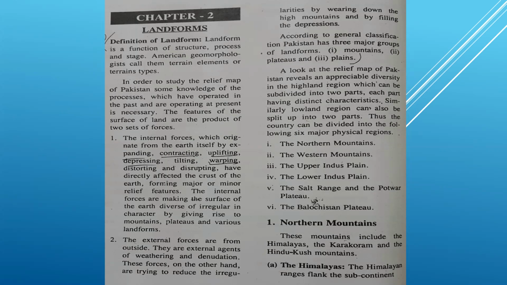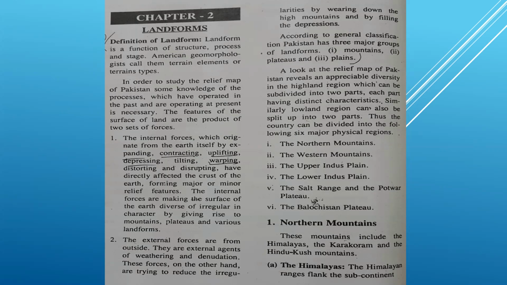For example, a watering hole is a natural depression where water collects and animals come to drink. That is the depressing of the earth. Then distorting means change of the earth or twist.